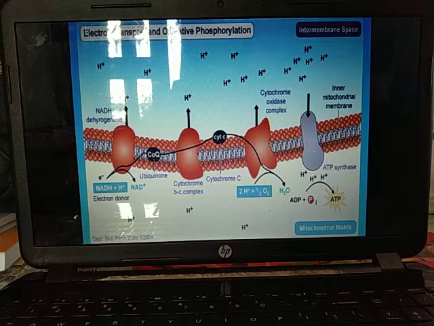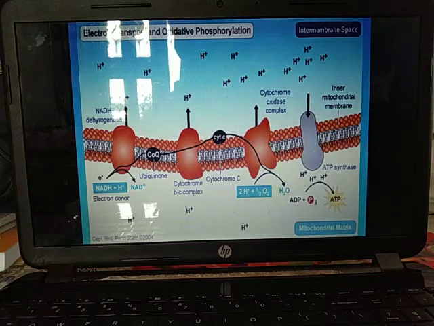Now, oxidative phosphorylation is the synthesis of energy-rich ATP molecules with the help of energy liberated during oxidation of reduced coenzymes, that is NADH and FADH2, that are produced in respiration. The enzyme required for the synthesis is called ATP synthase. It is considered to be the fifth complex of the electron transport chain.